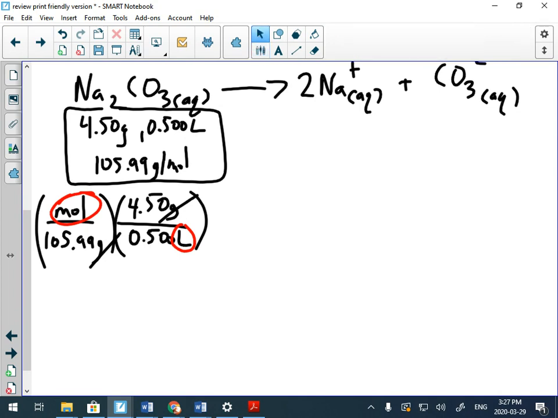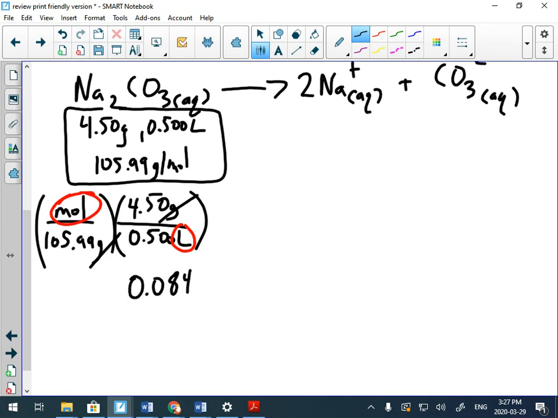So when I multiply this out, 4.5 divided by 105.99 times 0.5, I get fairly small concentration, 0.0849 moles per liter. Now, that's the concentration of the sodium carbonate.